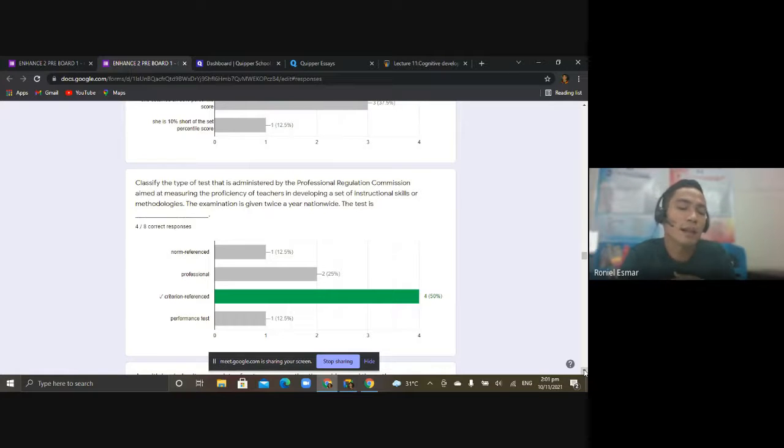However, there's a criterion, a clear standard that in order for you to pass the licensure examination for teachers administered by the Professional Regulation Commission, you have to get a rating of 75% or above. So, unsa na po itong klase sa reference test, if naa siya clear nga criterion or standards nga kailangang abton, therefore, it's a criterion reference test. No mo, nang the correct answer for this item is letter C.